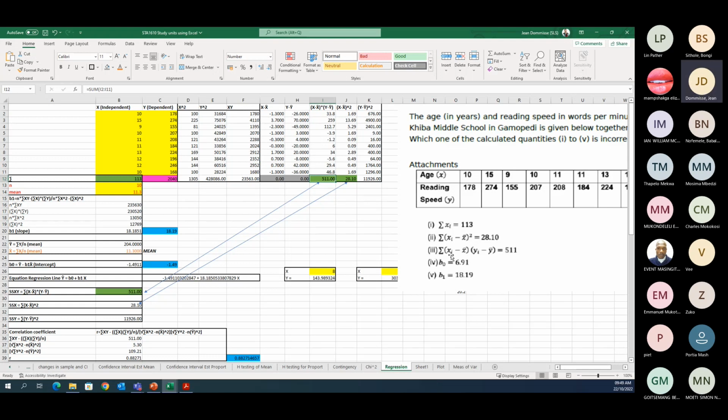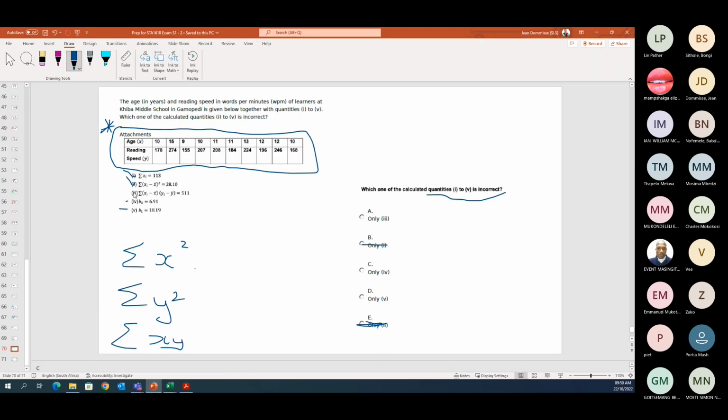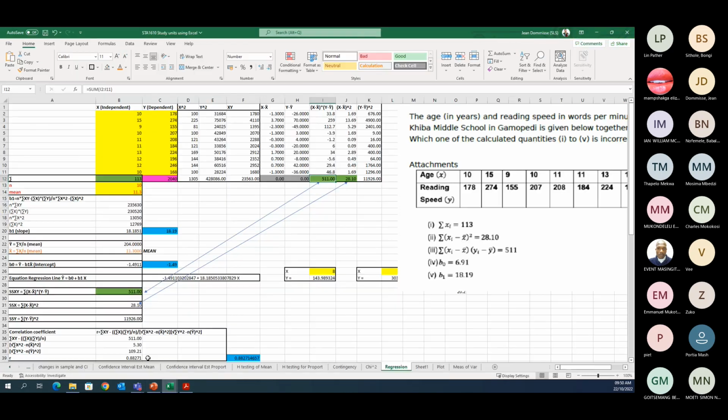Again, option 3, 511 is correct. So it's not wrong. So basically, we're between the slope and the intercept. For that, we have calculated it here.